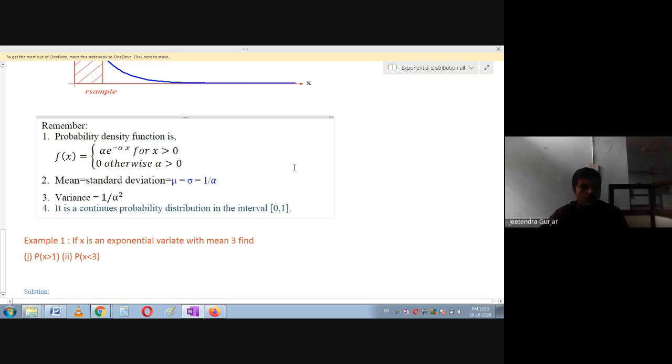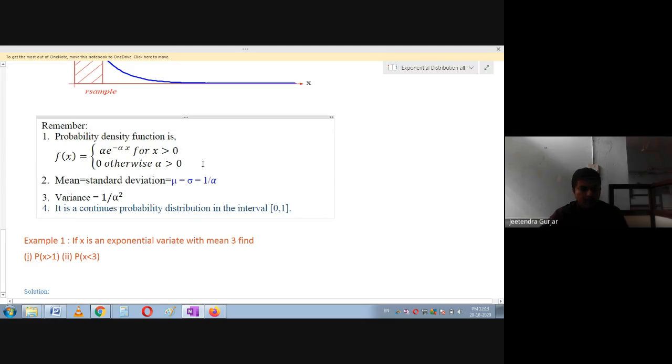Now we'll go to what you have to remember, very, very important for solving the example. The probability density function: already I have told you it is f of x equal to alpha e raised to minus alpha x for x greater than 0, and 0 otherwise. Please remember this.